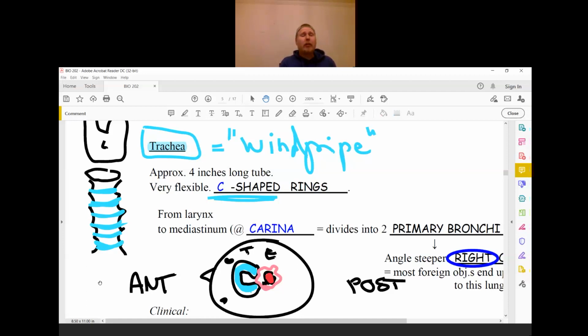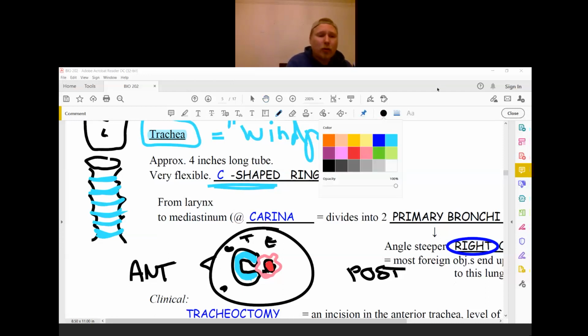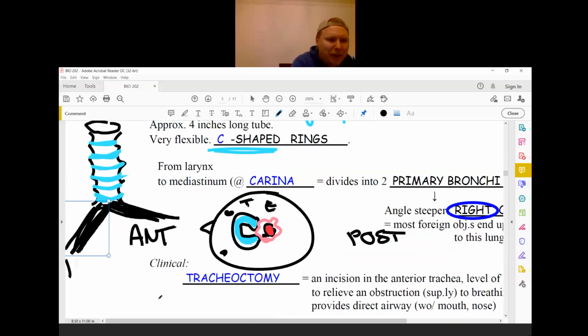Now that we get to the end of our trachea, one thing that we'll notice there is that it divides into two branches. These branches are known as primary bronchi, and we'll notice that the right primary bronchus comes down at a steeper angle than the left one.